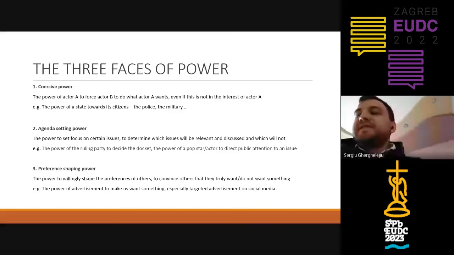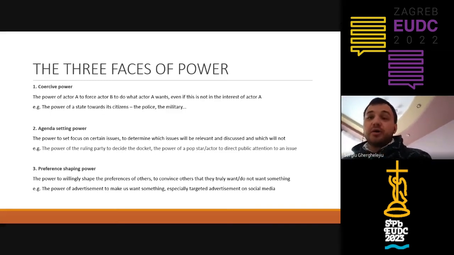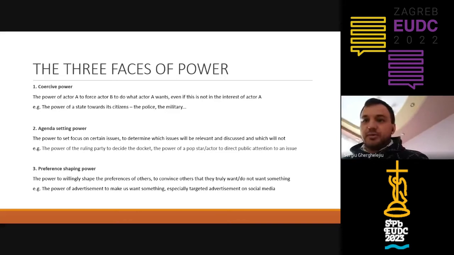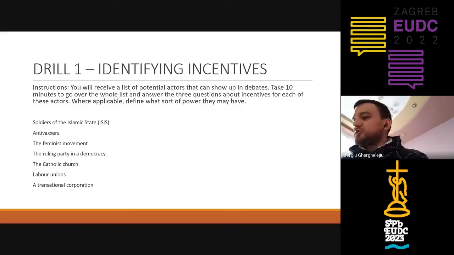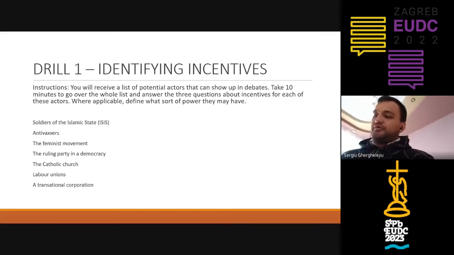I think they have the incentive of power, coercive power, because they can punish or kill people or make some armed conflicts. And the second one is preferences. Focus on important things. They can shape those agendas.